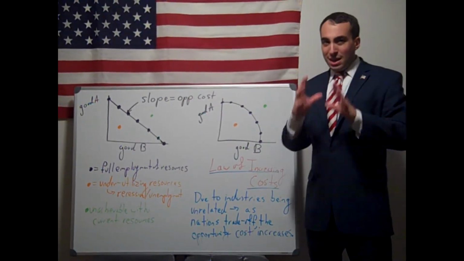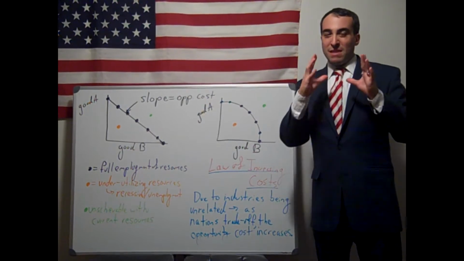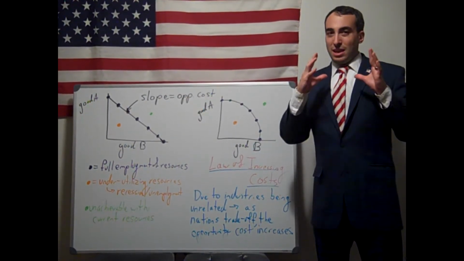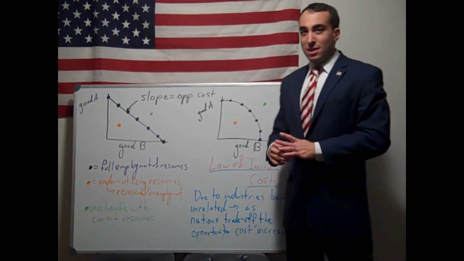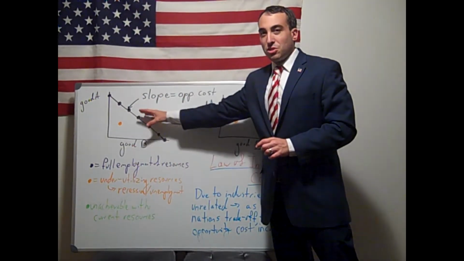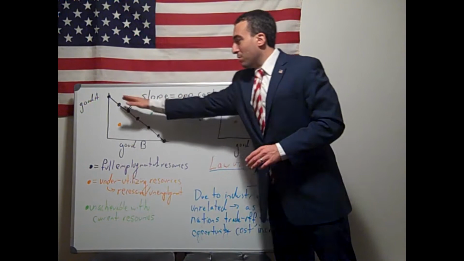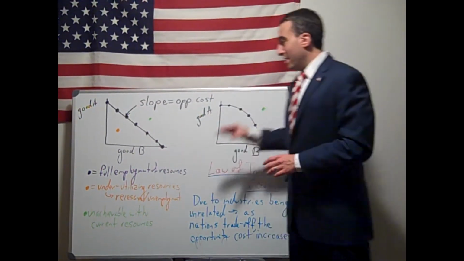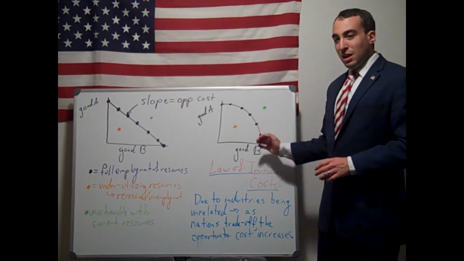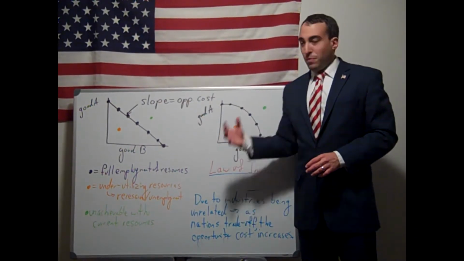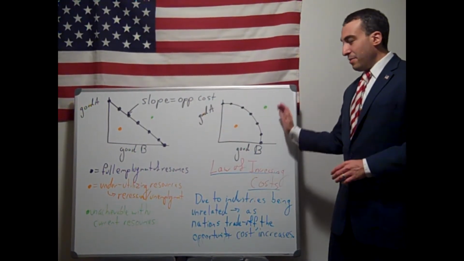So just immediately from the graphs you can visualize the relationship between the two industries. You automatically know that these two industries are related because of the constant slope. And on this graph, you automatically know that good A and good B are unrelated because of the concave slope.